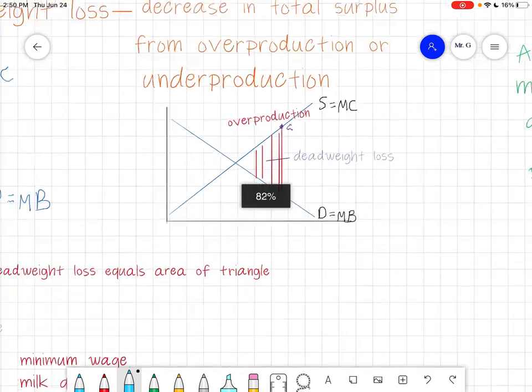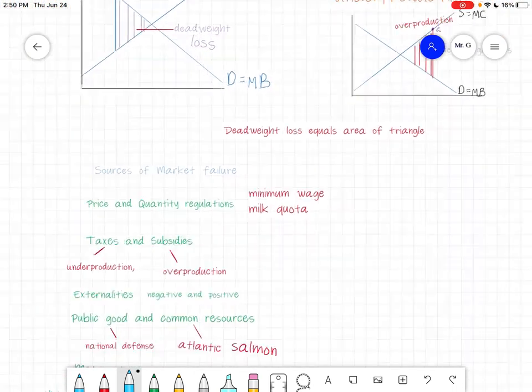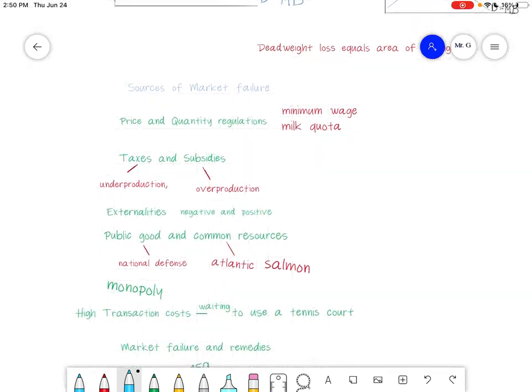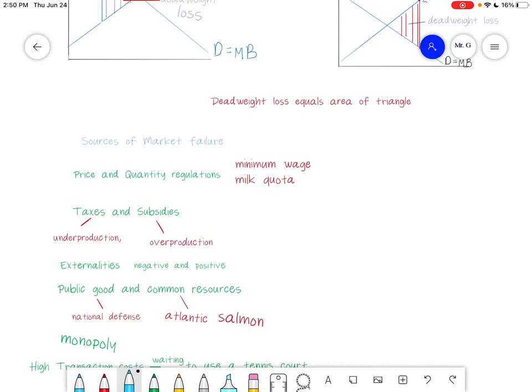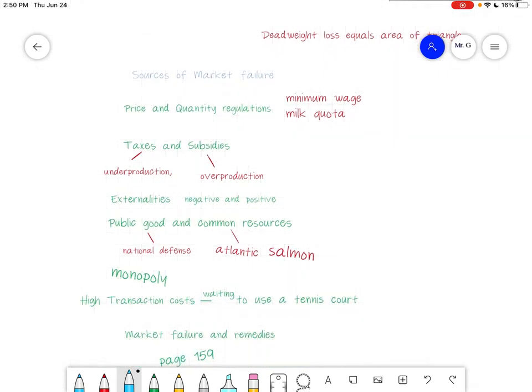That as well is a deadweight loss. Deadweight loss is the area of a triangle, and you can calculate it just like you do consumer surplus and producer surplus. It cuts into consumer and producer surplus, so you're not maximizing your total surplus, which of course means that you're not an efficient market.